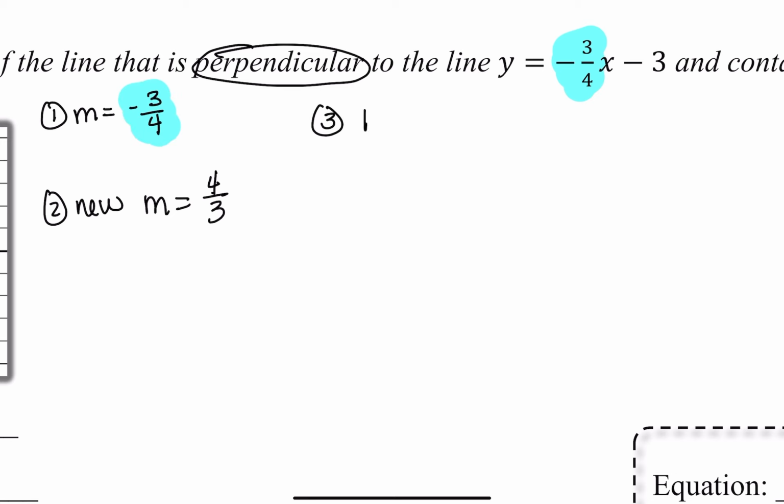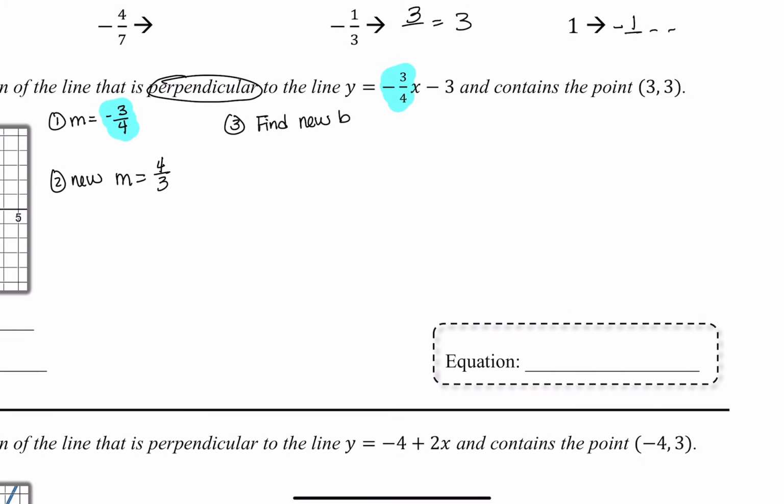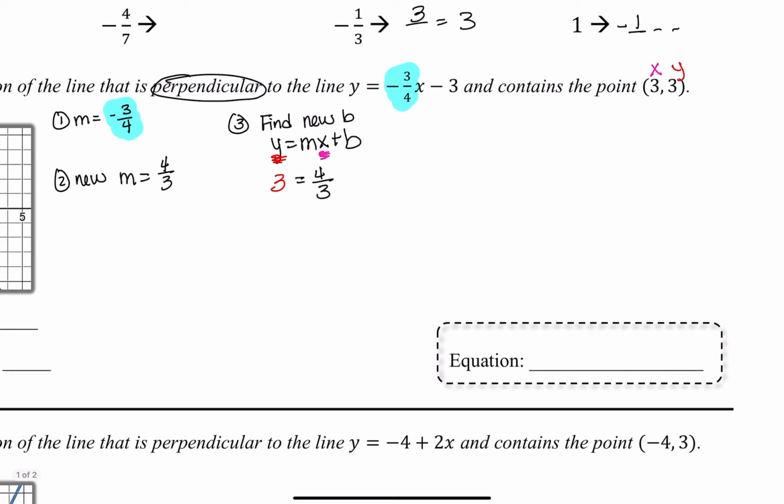Step 3 is find new b by substituting my x and my y. My x is here, and we're going to use the formula y equals mx plus b. My x goes here, my y goes here. So I have 3 equals, and I'm going to use my new m, which is 4 over 3, and then your x is going to be 3.